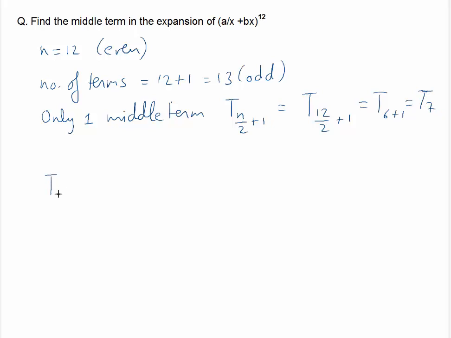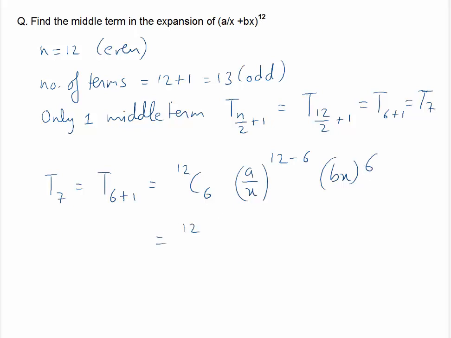Now let's find that middle term. So t7, or the seventh term, which is t(6+1), would be equals to 12C6 (a/x)^(12−6) (bx)^6. So this would be equals to 12C6 (a/x)^6 · b^6 x^6.